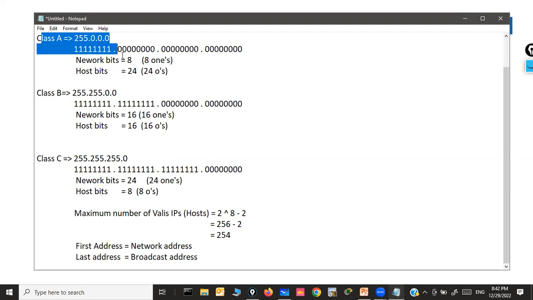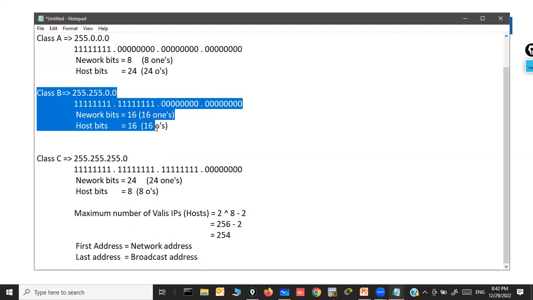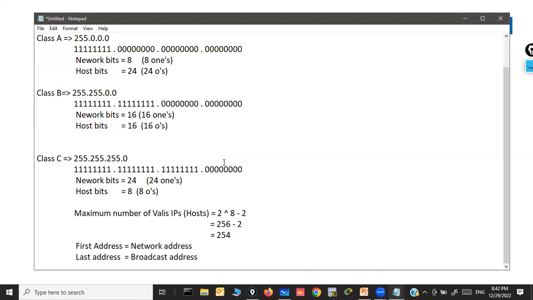Class A is very big, and Class B is in between A and C. And how do we calculate the number of IPs in any specific network? We take the number of zeros, because the number of zeros represents the host portion, and compute 2 raised to the power of the number of host bits, and then minus 2. That's how the computation is done.